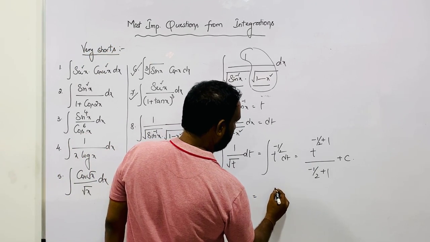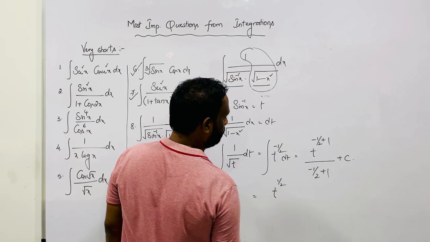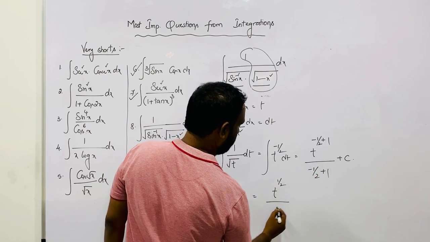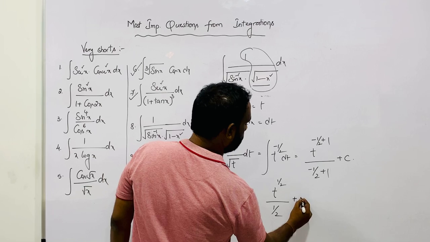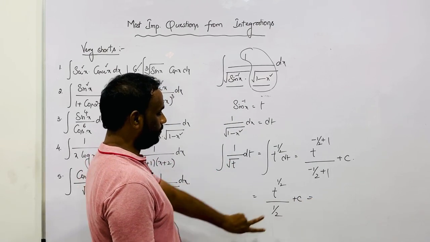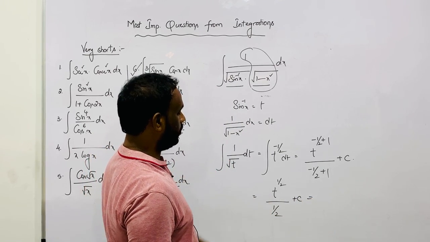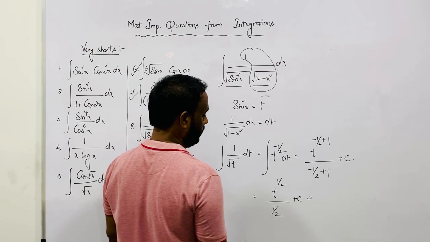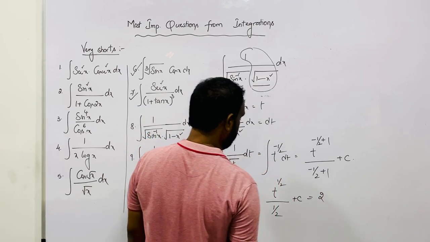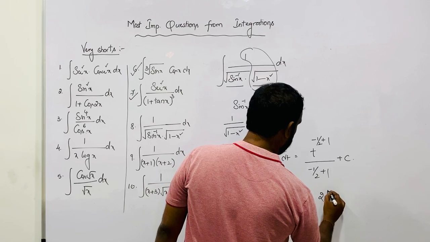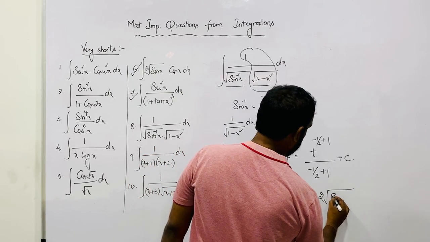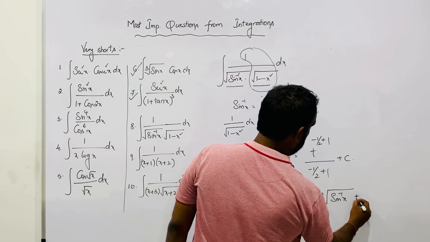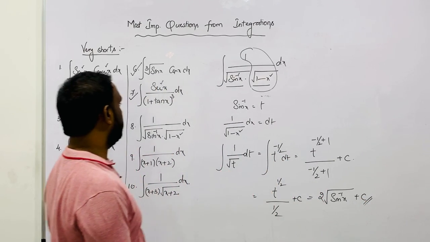On simplification it becomes t power half divided by 1 by 2, plus c. So, 1 by 2 in the denominator gets reciprocated, so you will get 2 into root of t, where t is sin inverse x, plus c, the constant of integration.